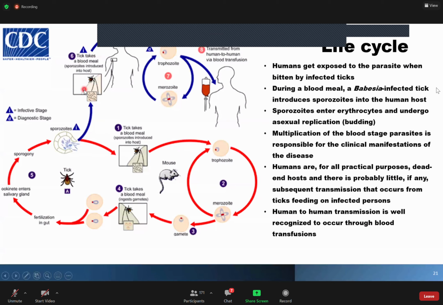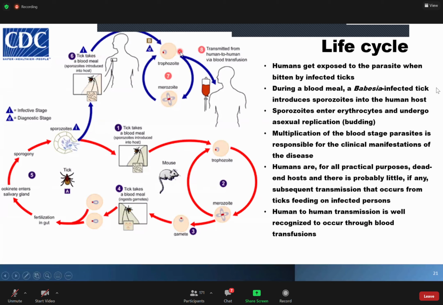Rather, what you have is direct invasion of the sporozoites into the red blood cells. So just like malaria parasite, Babesia species are associated with invasion and destruction of red blood cells. So anemia will be part of the clinical presentation. The trophozoites will develop into merozoites.